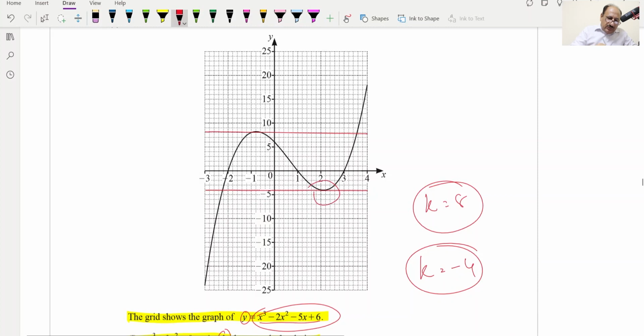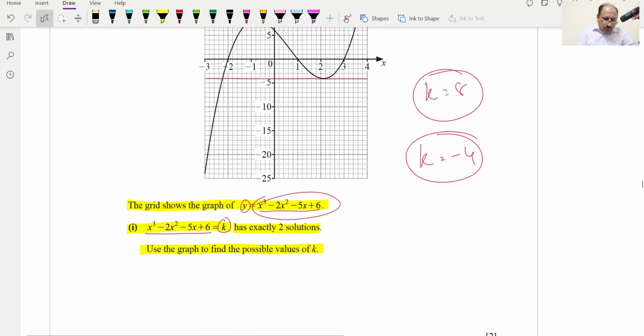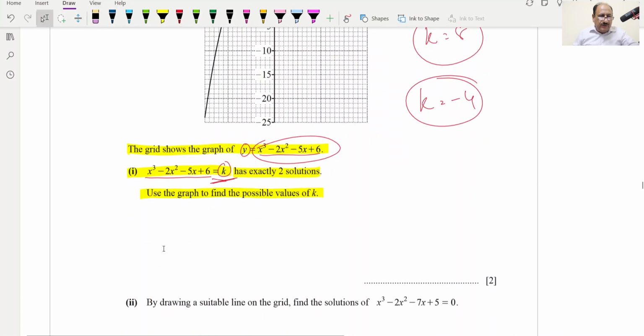Minus 4 is this one, and this one y is equal to minus 4, and y is k over here. They have mentioned y as k, so we will be writing here k is equal to 8 and minus 4. These are the two solutions.